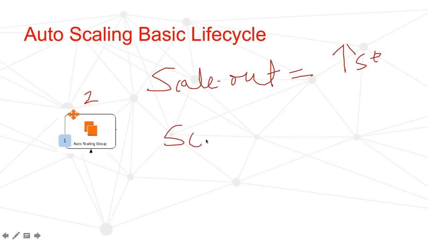If I say scale in, which means I want to decrease my number of instances. Scale out means increase or expand your architecture, an increase in the number of instances. Scale in means shrink or decrease the number of instances.